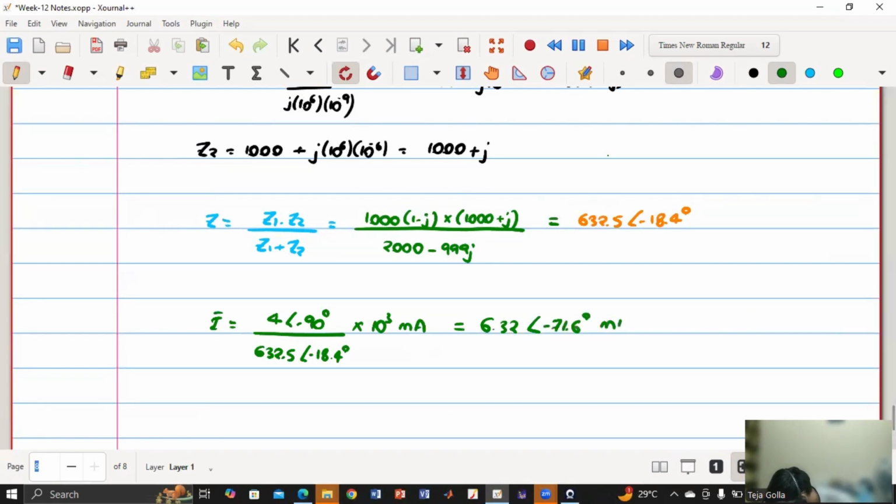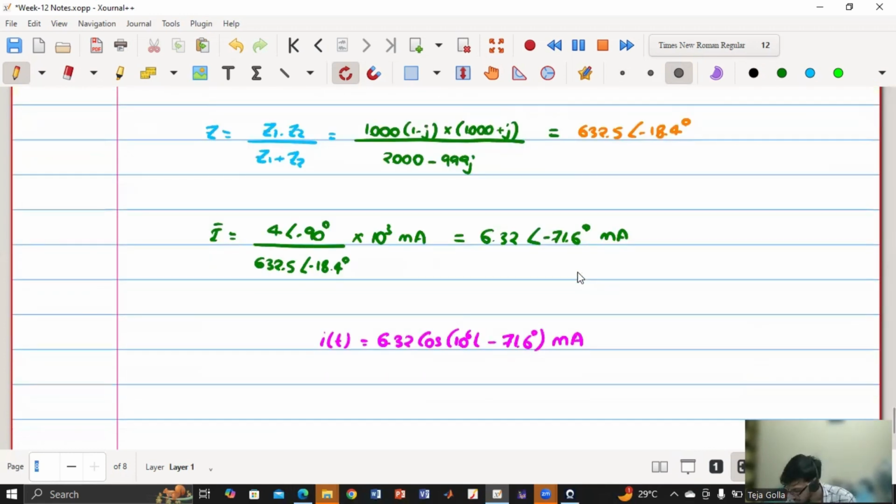So now tell me the expression for i(t). It is 6.32 cos(10^6 t minus 71.6) milliamperes.